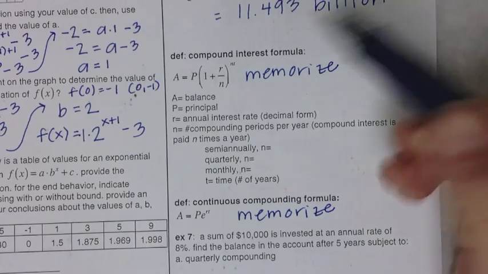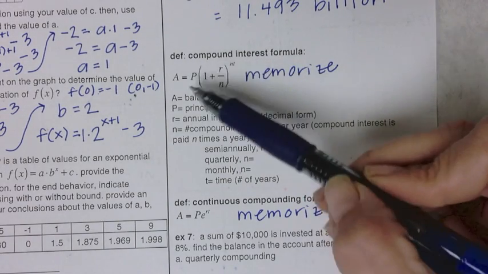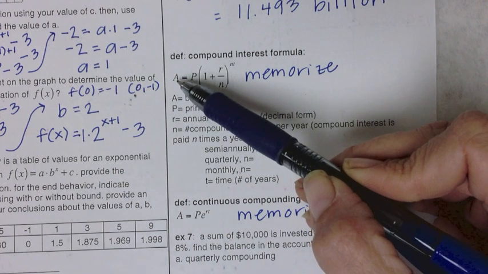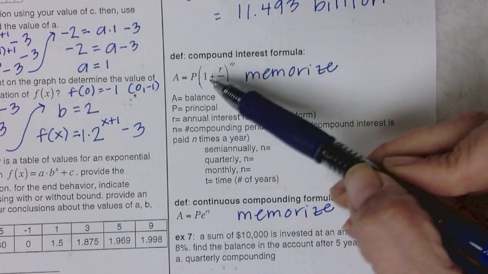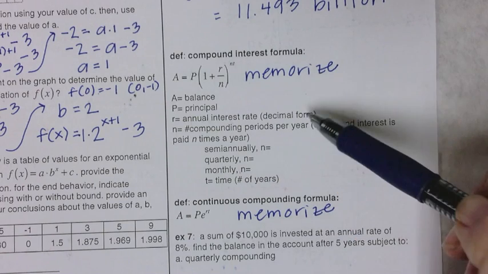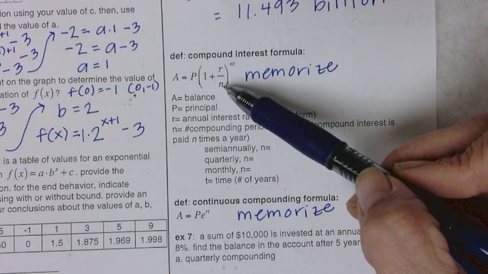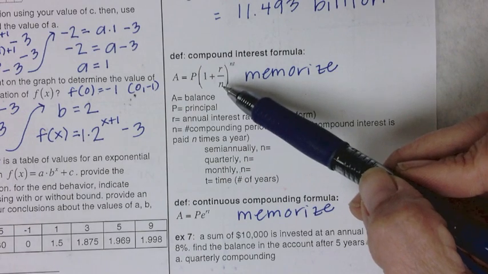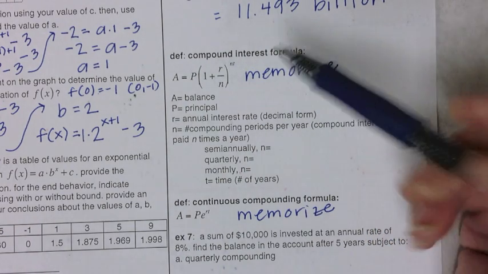Okay? So in this first equation, which is a compound interest formula, A is your balance. That's your total after you've invested. P is your principal. R is your interest rate. You're going to want to make sure that's in decimal form. N is the number of times per year that it's compounded, or that your interest is reassessed and you earn money from your interest.